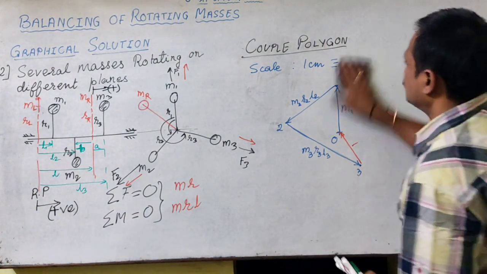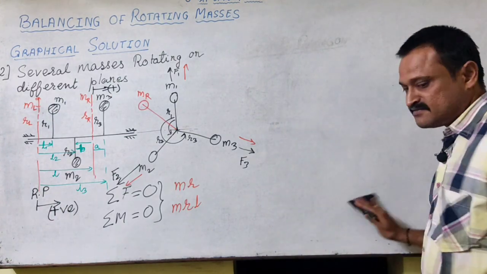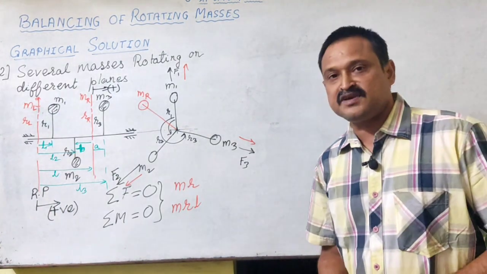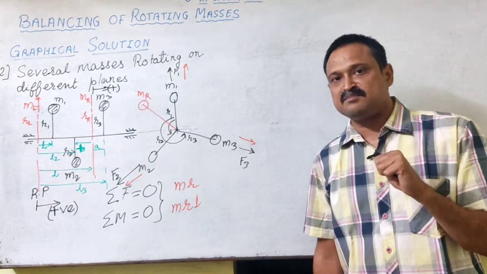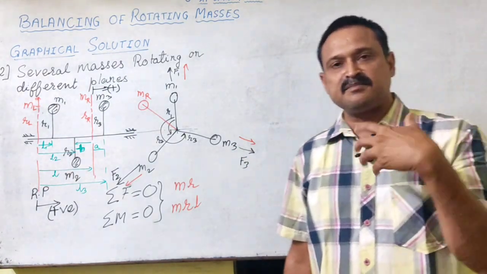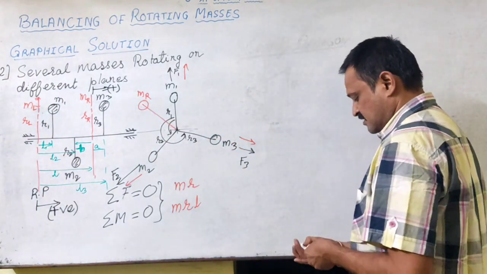Now we can go for the force polygon. Earlier we have seen in the force polygon we had two unknowns, the ML and the MR. Now with the help of the couple polygon, we have determined the MR value. So now we will go for the force polygon.